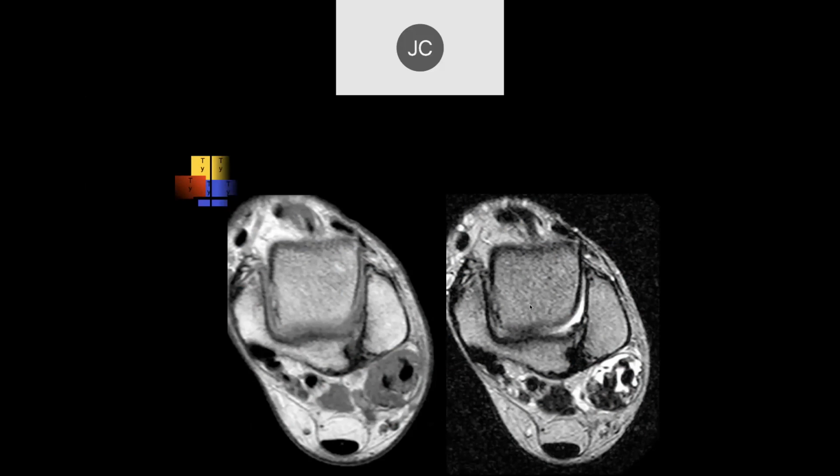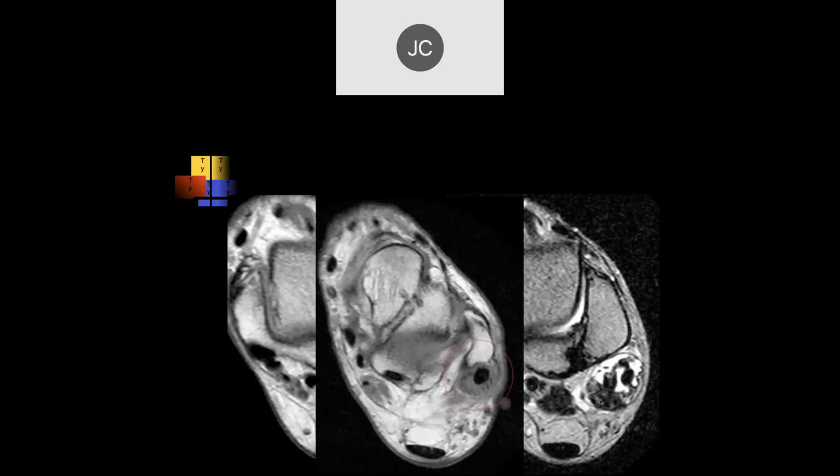Looking at the peroneal tendons, there's a lot of fluid surrounding the tendons, and I think there's at least partial thickness tearing of one of those tendons. Yeah, what's all this stuff back here? So we have fluid up here, and then we got some other stuff back posteriorly. If we go farther down, this is what it looks like.